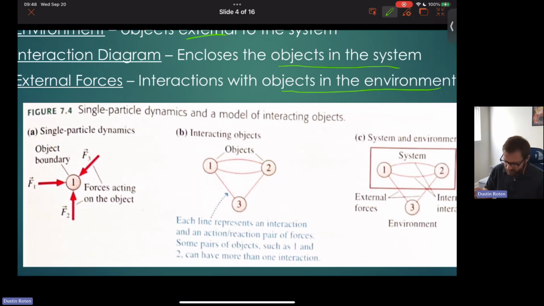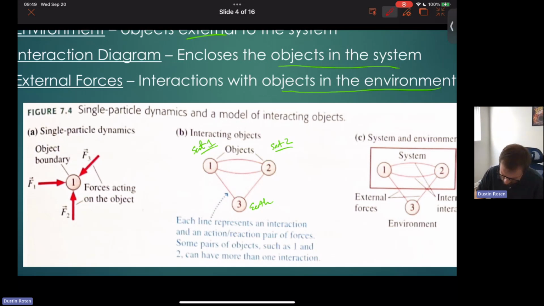So in this situation, maybe we have two satellites orbiting Earth that are tethered together. This could be Sat1, this could be the second satellite, and this is Earth. The idea here is that each line represents an interaction. So we have gravitational interactions, which are the most obvious.